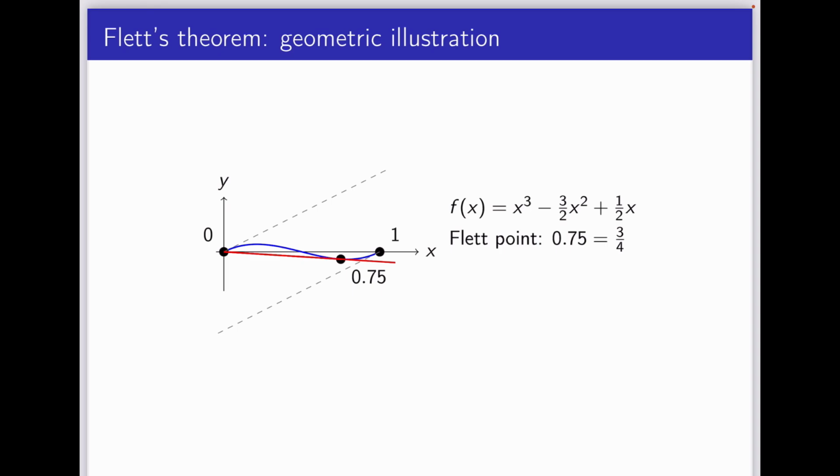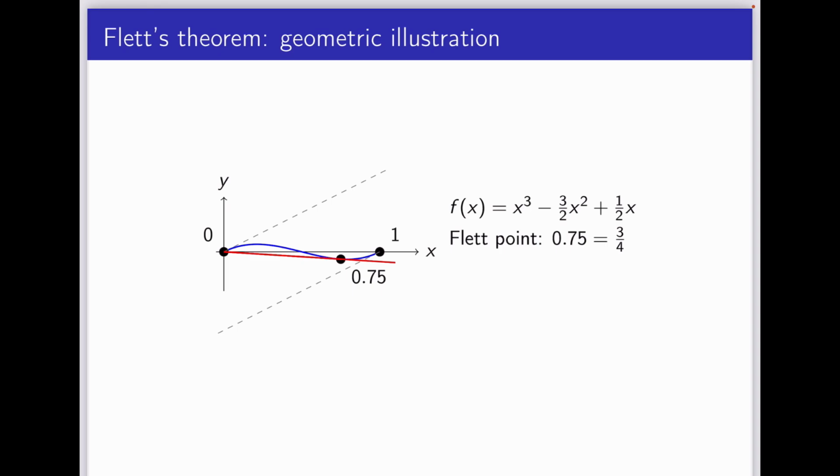So we see that f prime 0 is equal to f prime 1. That is, the slope of the tangent at the point 0 is equal to the slope of the tangent to the curve at the point 1. So the tangents to the curve at the points 0 and 1 are parallel to one another, as can be seen here in this figure.